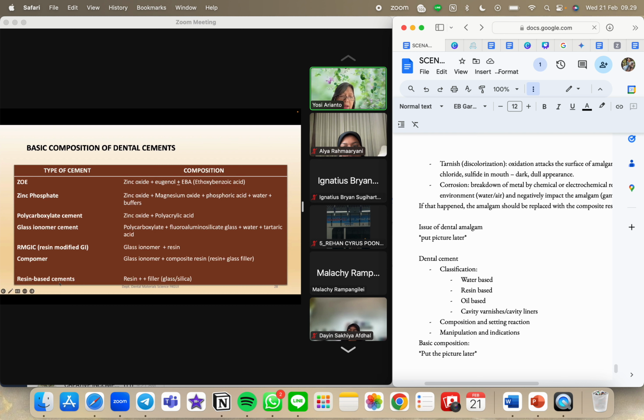And the resin-based cement is resin plus silica filler, which is glass or silica, for cementing onlay, crown, and bridge, which we can usually use with or without bonding. Okay.